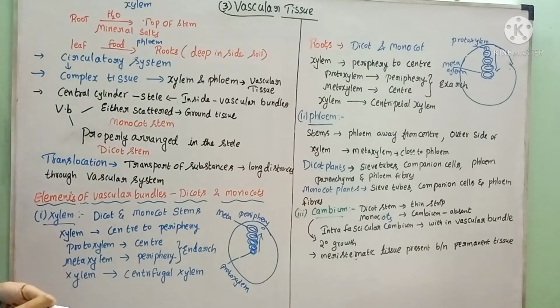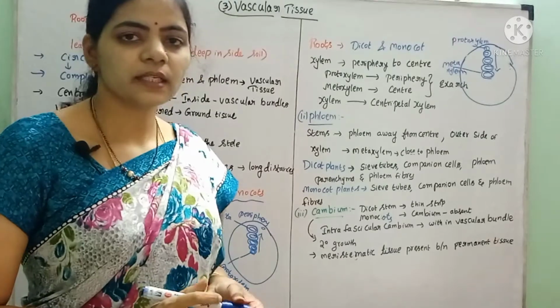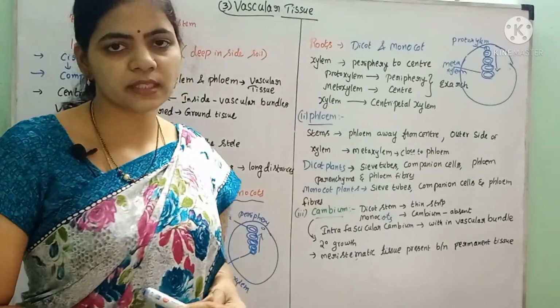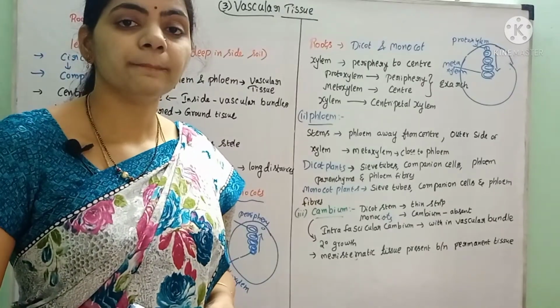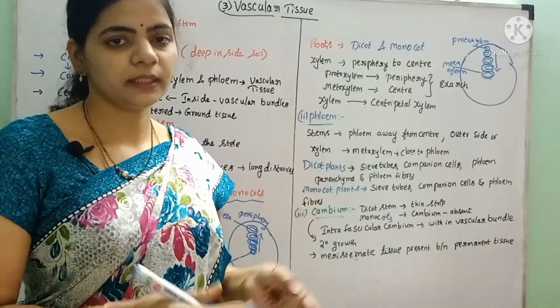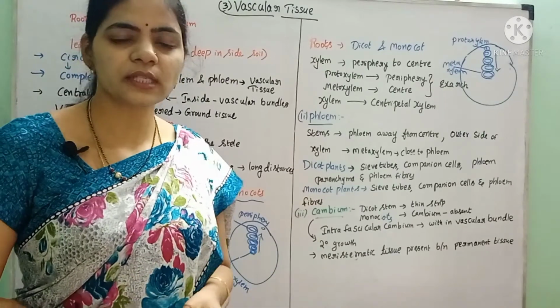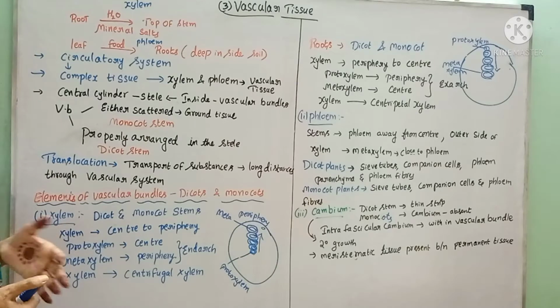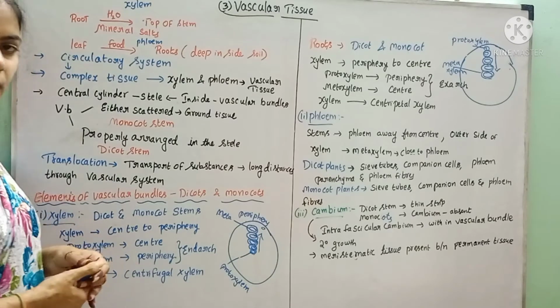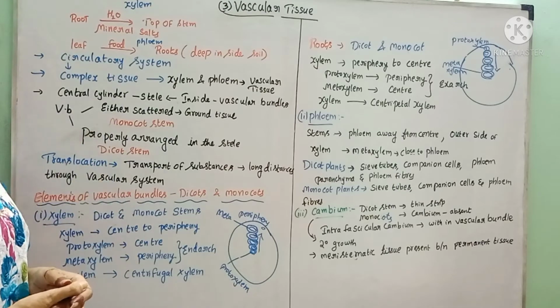We see in animals there is a proper circulatory system which consists of the heart and blood vessels, right? But in plants there is no proper circulatory system to circulate the food material, water, and all those things between the roots and different parts of the plants and from the leaves to the roots.